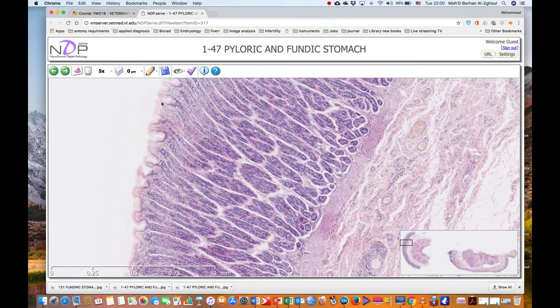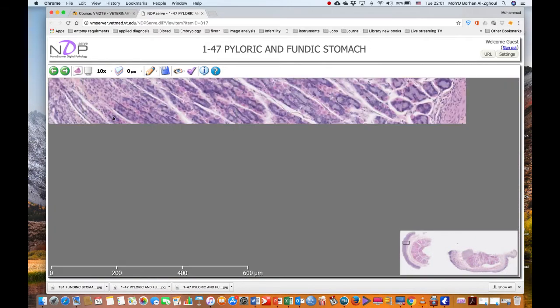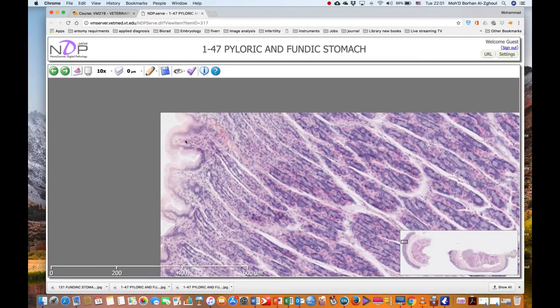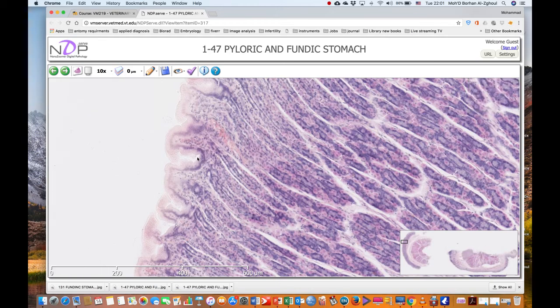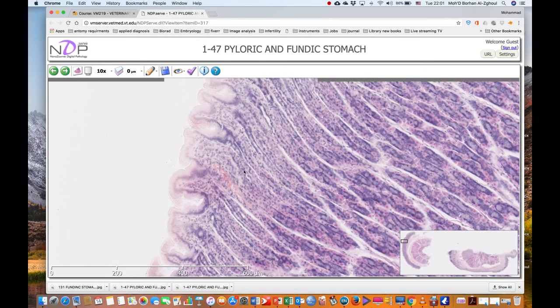As you can see at the top, we can see the simple columnar mucus producing cells. Okay, this is the area of the gastric pits, and between these glands we have the connective tissue, the lamina propria, as we can see here.